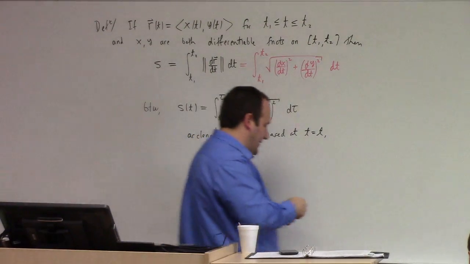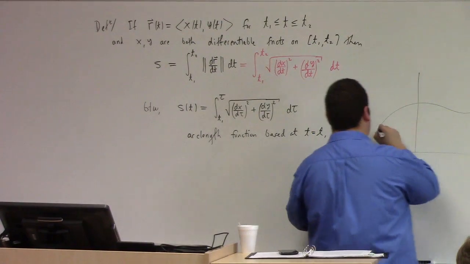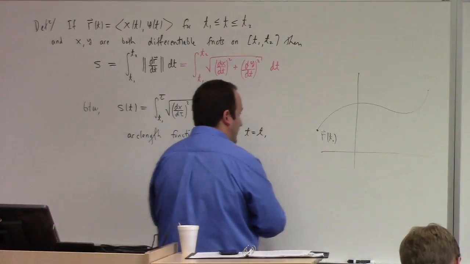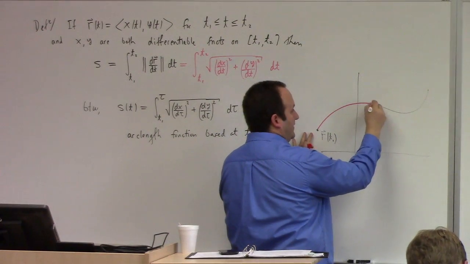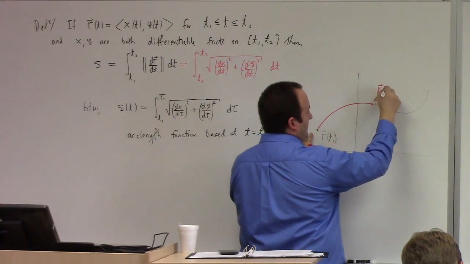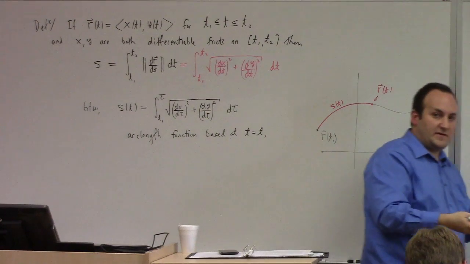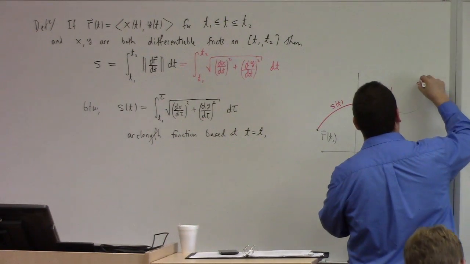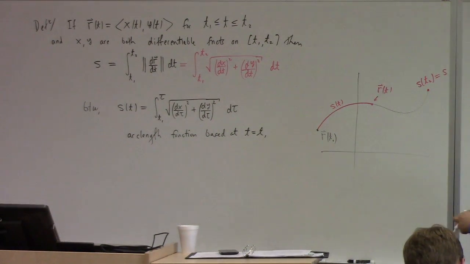So it's really not that complicated a thing I'm talking about. If the path looks like this, and this is r of t1, the arc length function just says, if you go this far, to here, and that is r of t, well, guess what? This length of string I just rolled out here is s of t. It's the arc length function. That's all it is. So the total arc length of the curve, over here we have s of t2, which I just called s, is the total arc length.